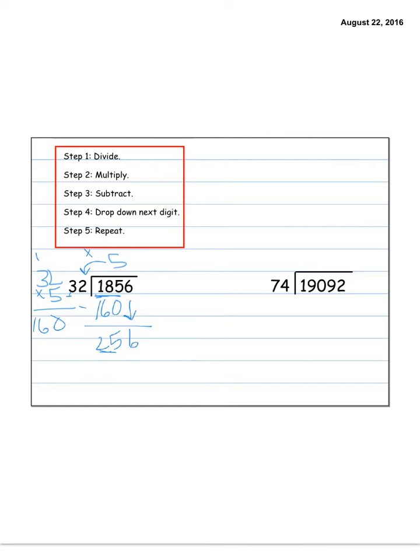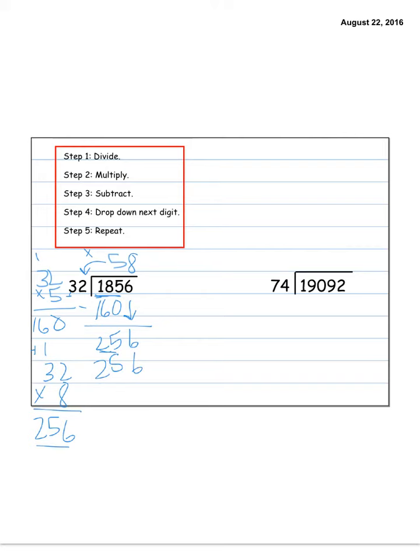I know that 3 times 8 will get me to 24, so I'm going to try that. 32 times 8. 8 times 2 equals 16, so we write down our 6, regroup our 1. 8 times 3 is 24, plus 1 equals 25. All right, so it goes in there 8 times. 8 times 32, we just found out, is 256.